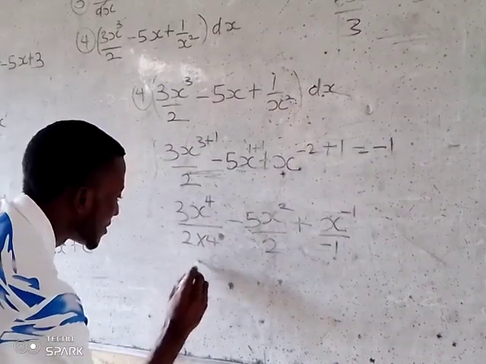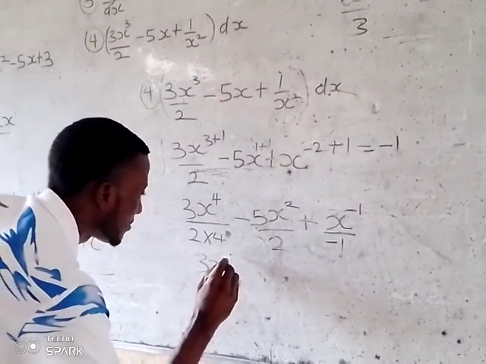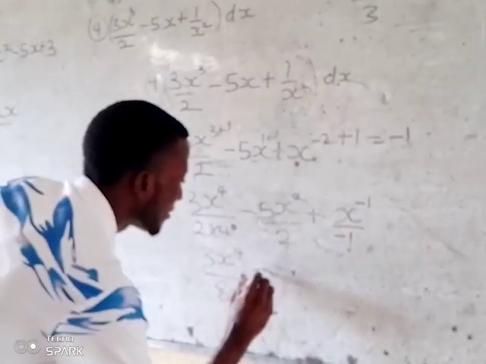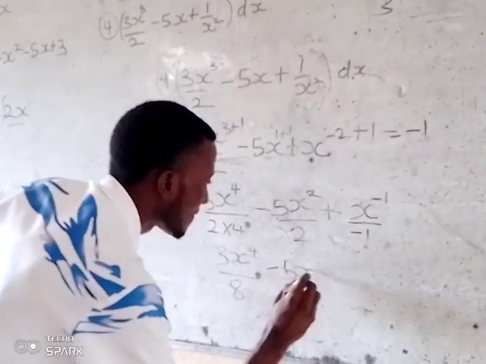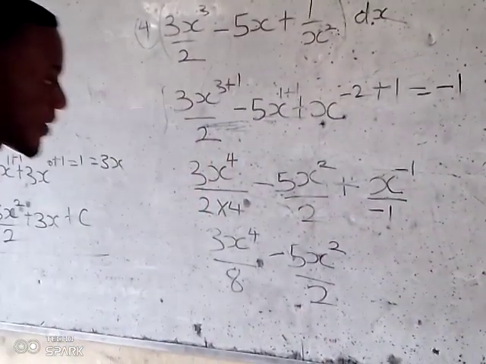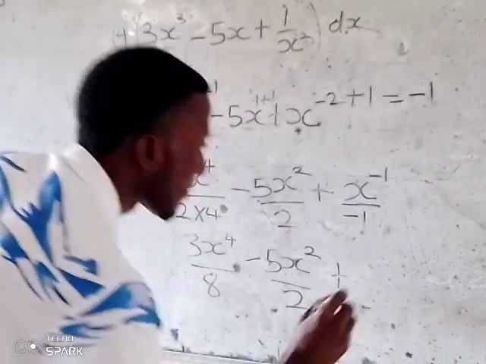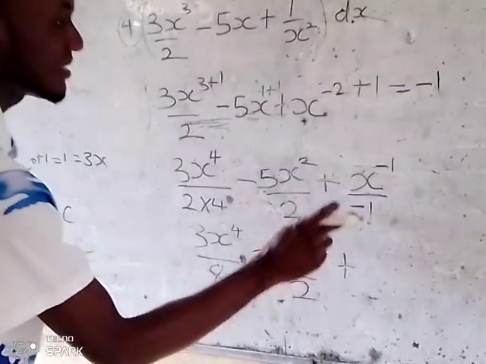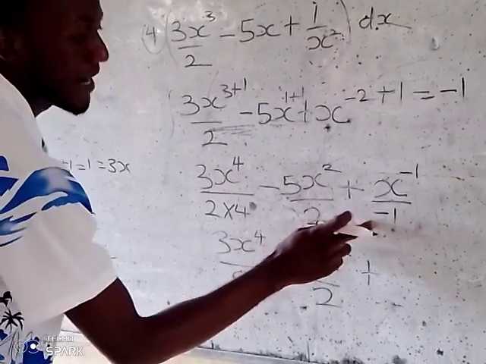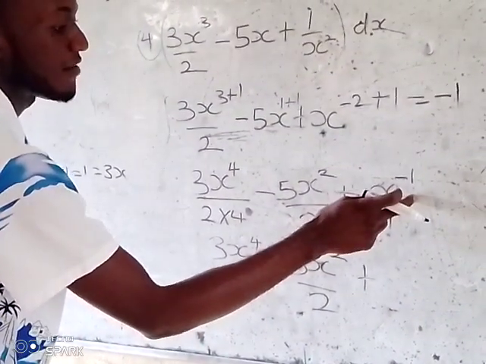Writing this, we have 3s raised to the power of 4 divided by 8, minus 5s to the power of 2 divided by 2. Now plus s to the power of minus 1 divided by minus 1.